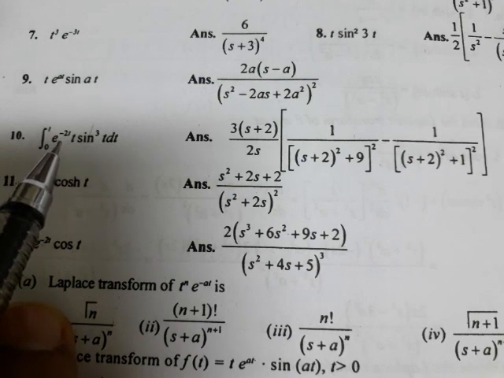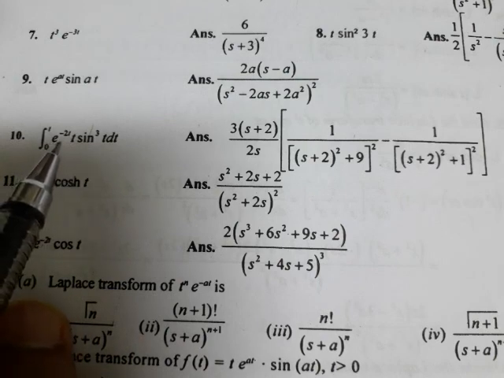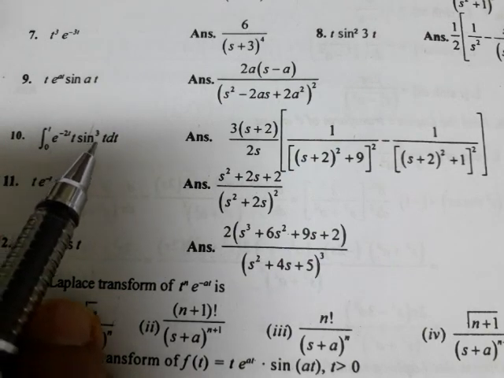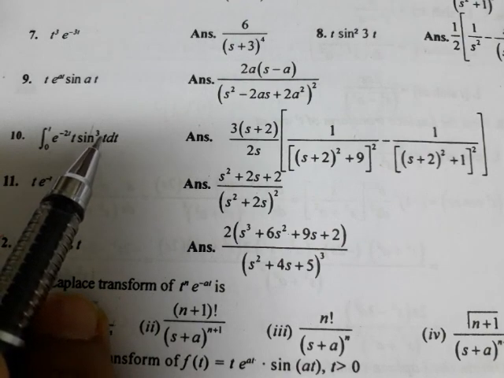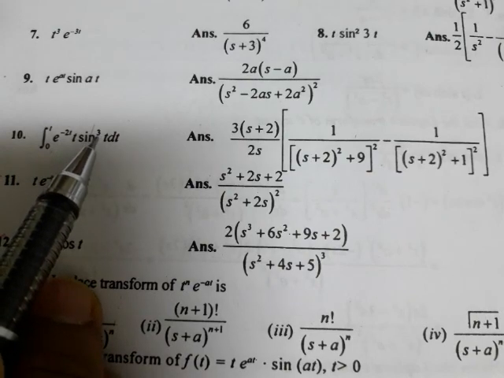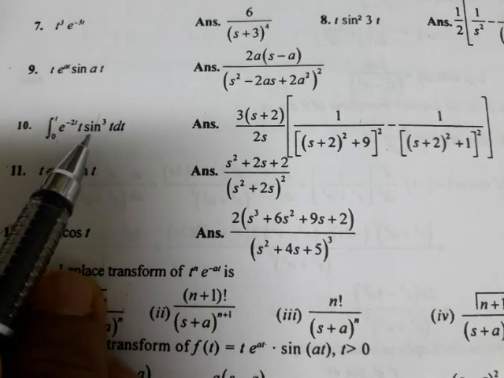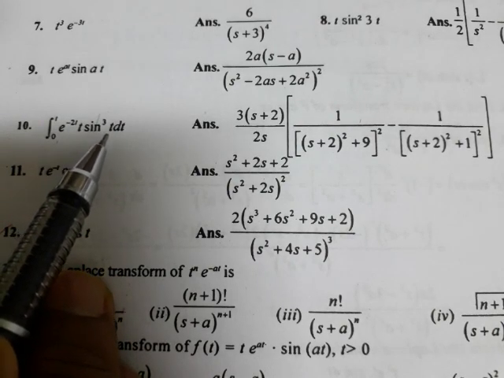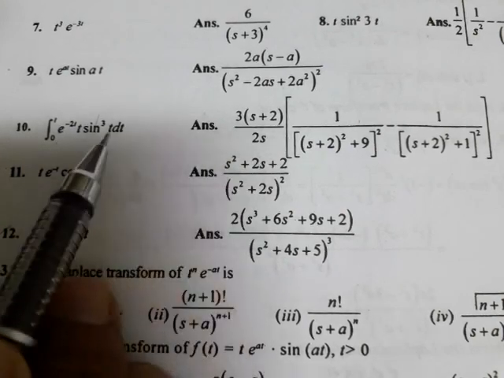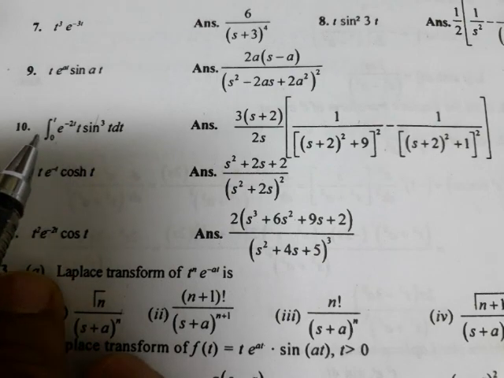But before using the first shifting theorem, you have to find sine cube t, so first make the cube free. Then find the Laplace transformation of sine cube t, and then apply the remaining formulas: multiplication by t, shifting theorem, and integration.